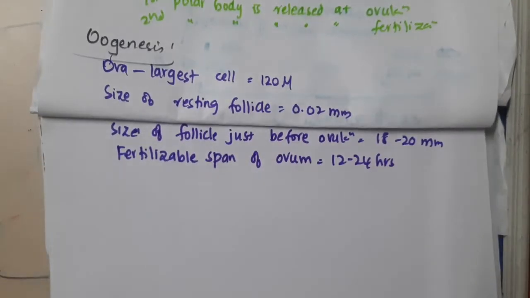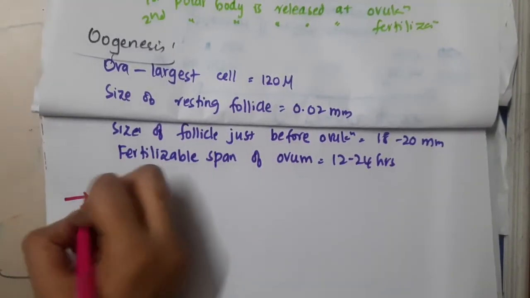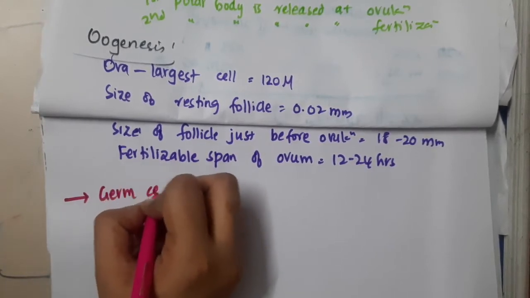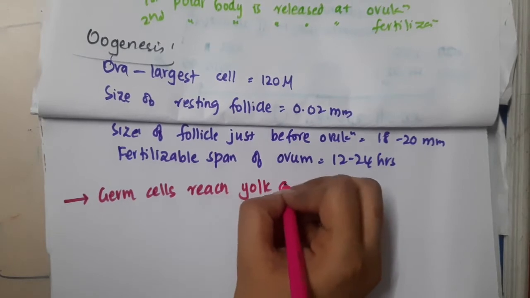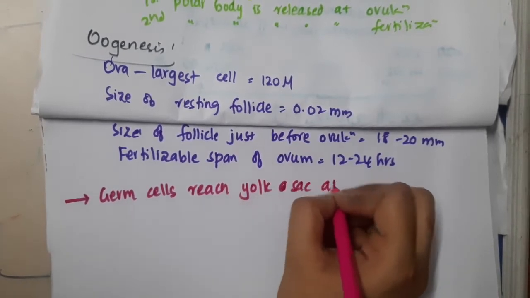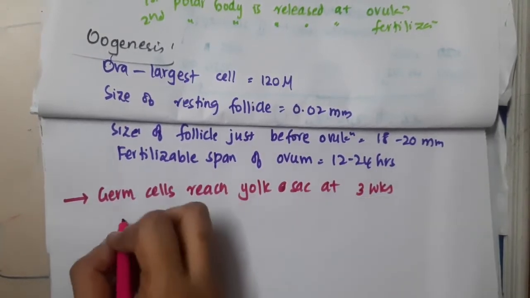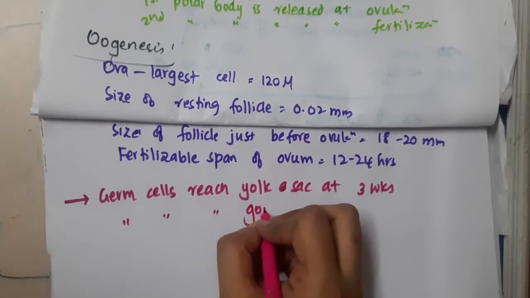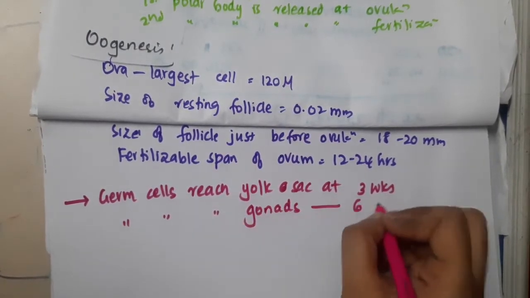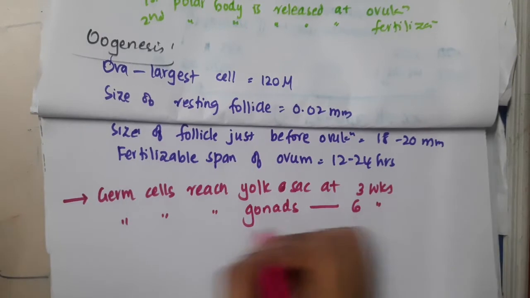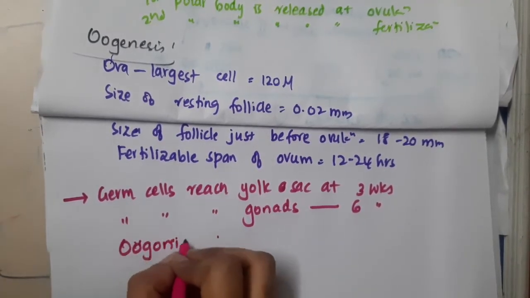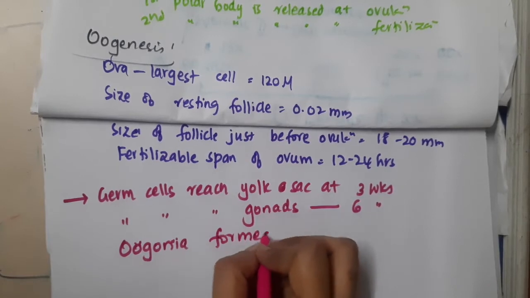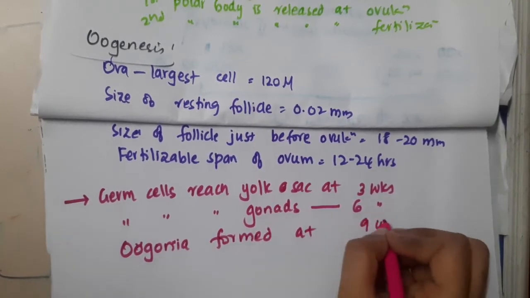Now the time events. Germ cells will reach the yolk sac at 3 weeks. Germ cells reach gonads at 6 weeks. Oogonia are formed at 9 weeks.